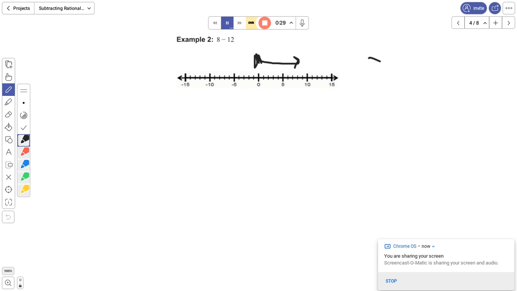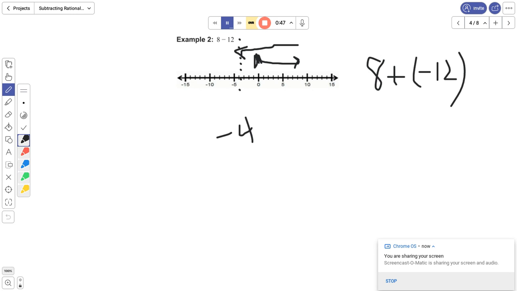And then remember, 8 minus 12 can be written as 8 plus negative 12. So we are going to add negative 12. So we're going to start at 8, and we're going to move 12 units to the left. And we stop at negative 4.